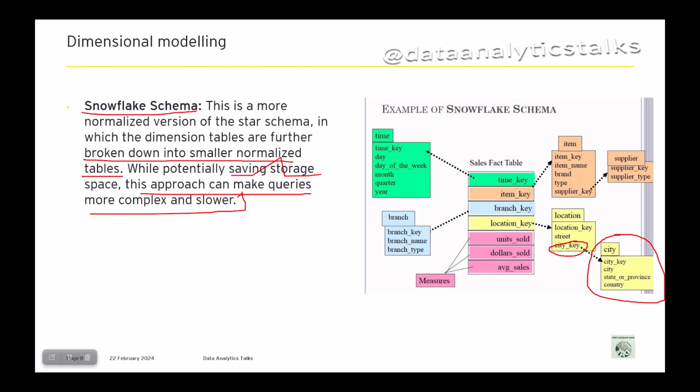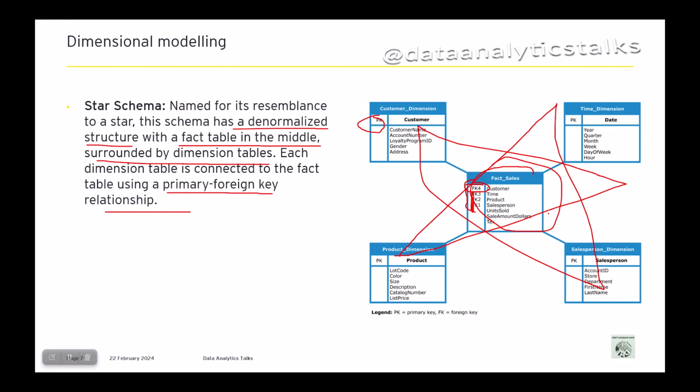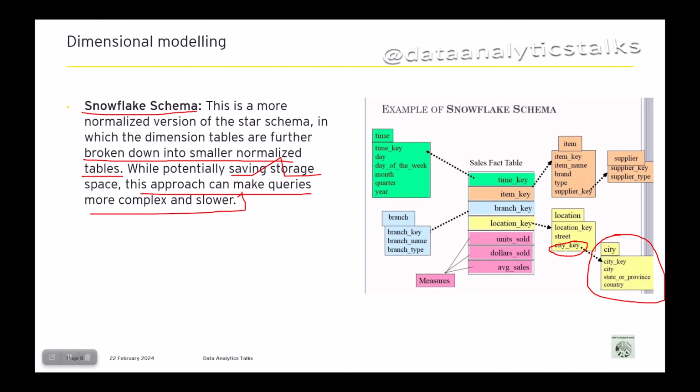So, unlike the star schema which you just saw, where there is no second level, here you can see a second level for the location. And under the item, you can see a supplier key. Again, supplier has a dimension table. So it is more normalized than the star schema.